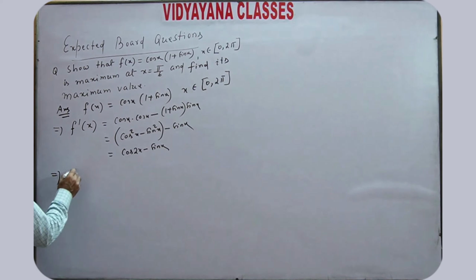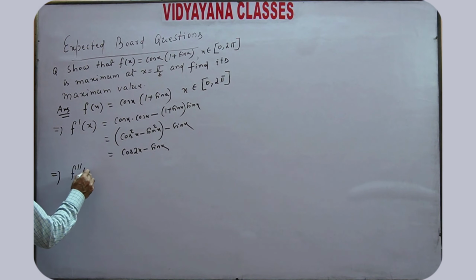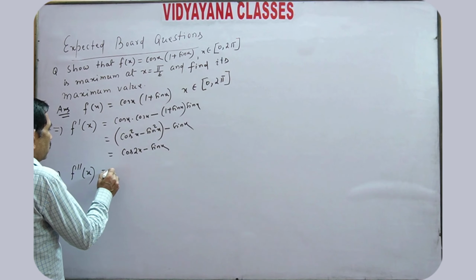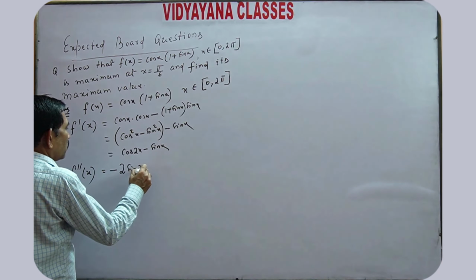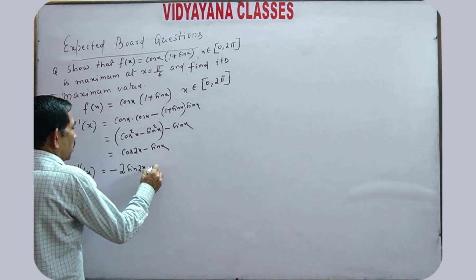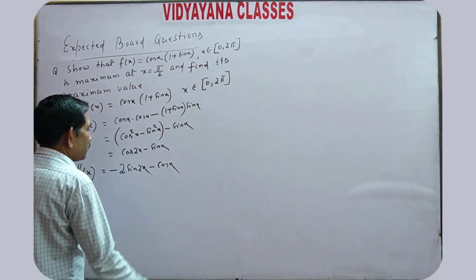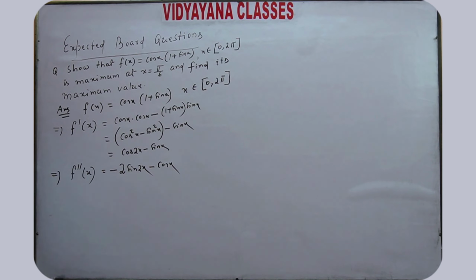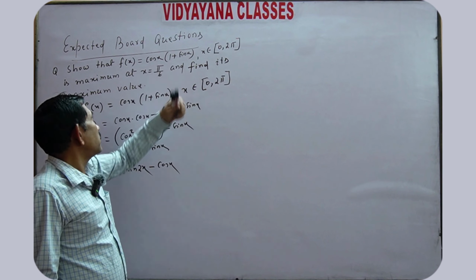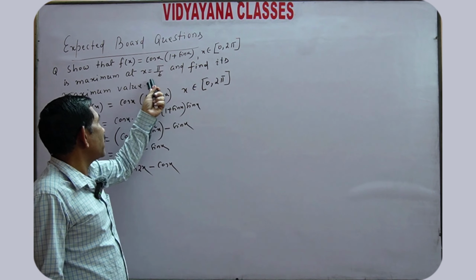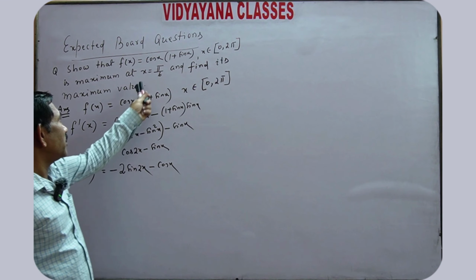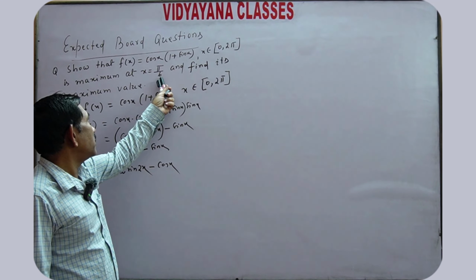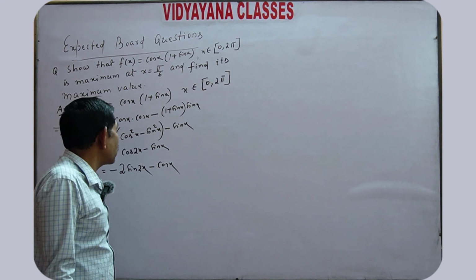Again differentiating both the sides with respect to x, which implies f double dash x is equal to minus 2 sin 2x minus cos x. So that f(x) is maximum at x equal to pi by 6. Now we have to test whether x equal to pi by 6 is an extreme point or not.